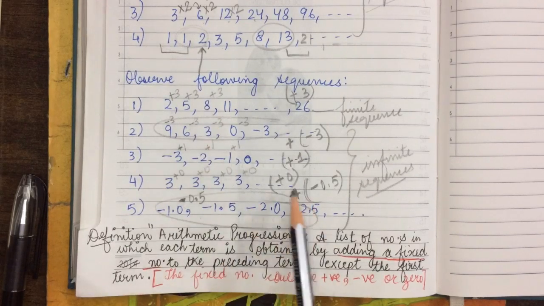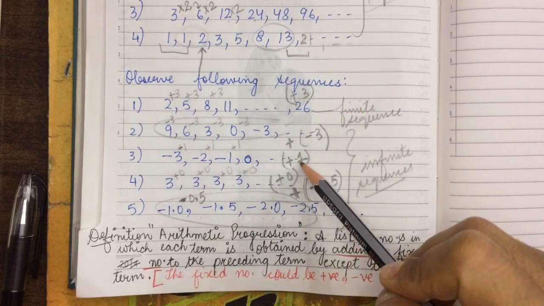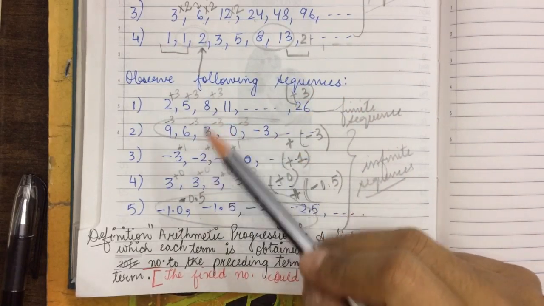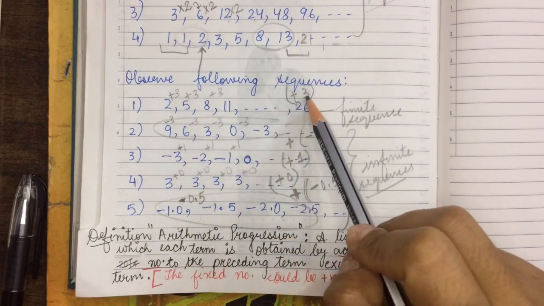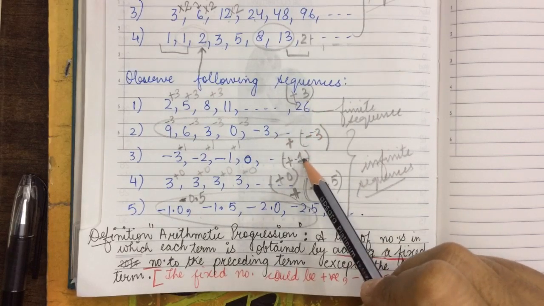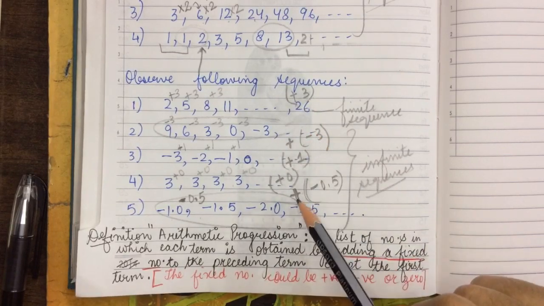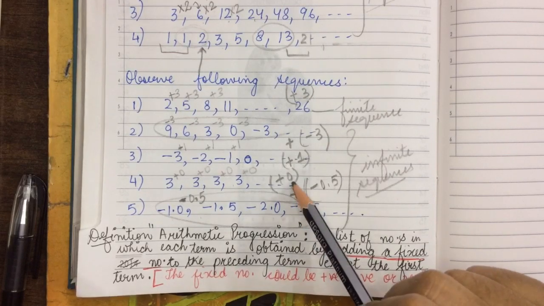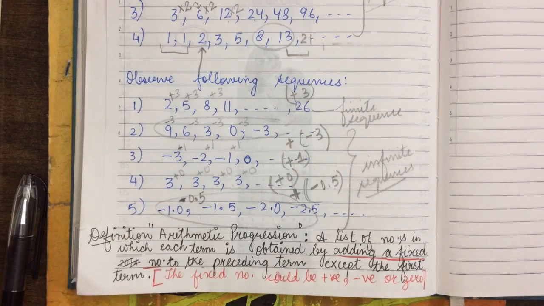So all of these lists have been obtained by adding something to the previous value to obtain the next value. The addition could be of a positive number, sequence number 1 and sequence number 3. Addition could be of a negative number, sequence number 2, sequence number 5, or it could be addition of 0, like in sequence number 4.